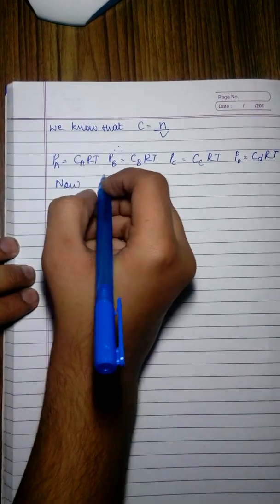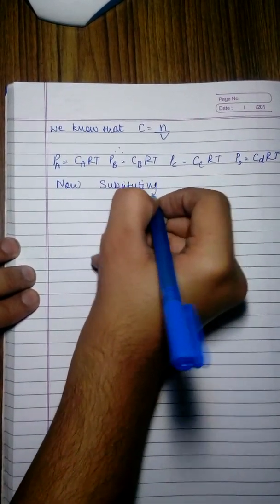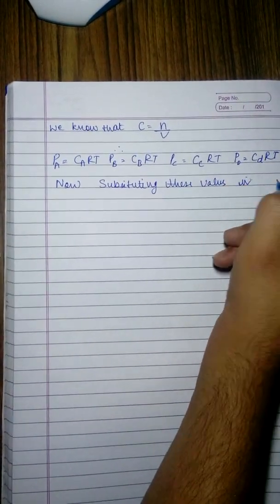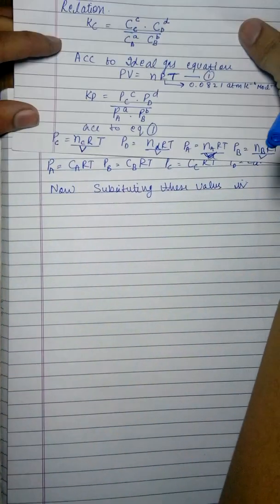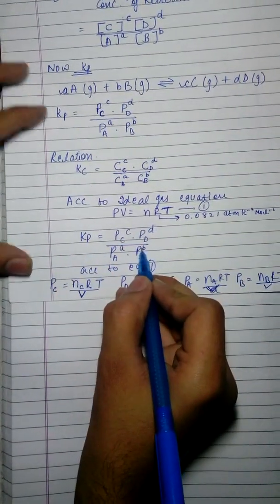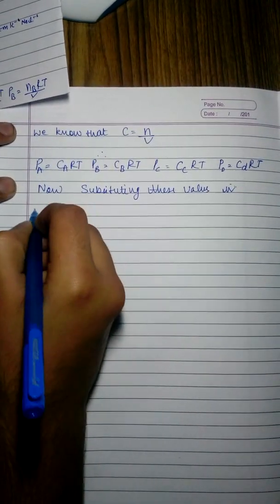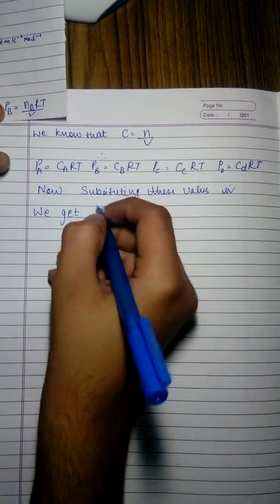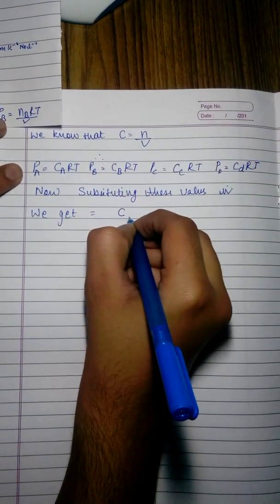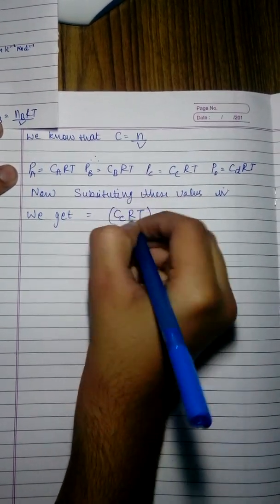Now, substituting these values in this equation, we get CRT raised to power c.